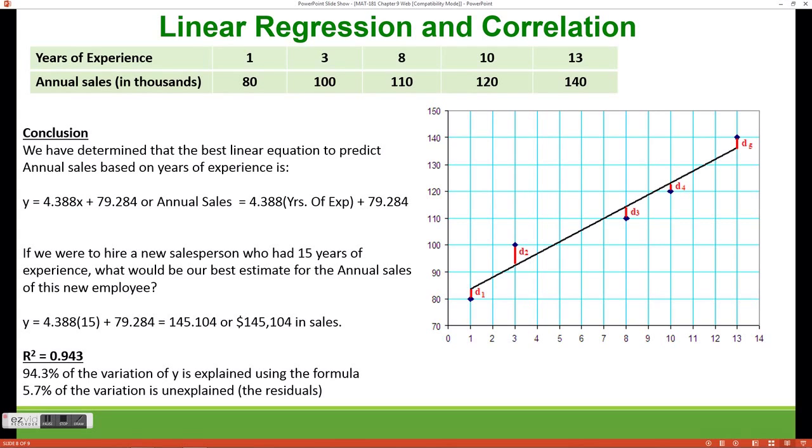Based on our data, we know there is a strong correlation between those two variables. But there will always be some other unexplained factor that affects y other than the variation of x. The r squared value gives us the percentage of variation that is explained by our new regression line, while the remainder of that percentage we would say is unexplained.